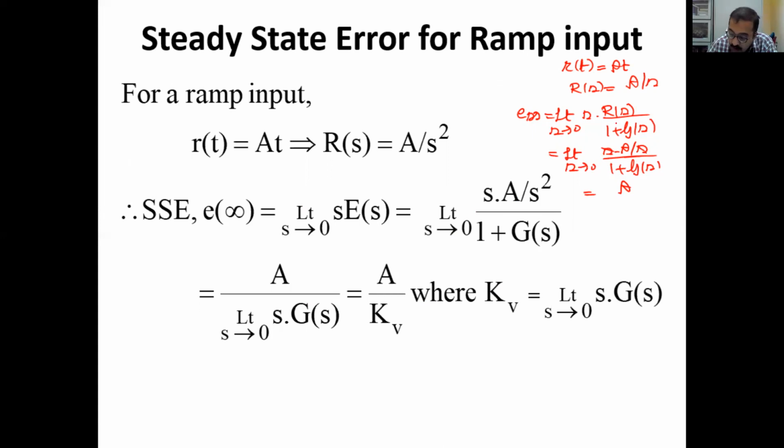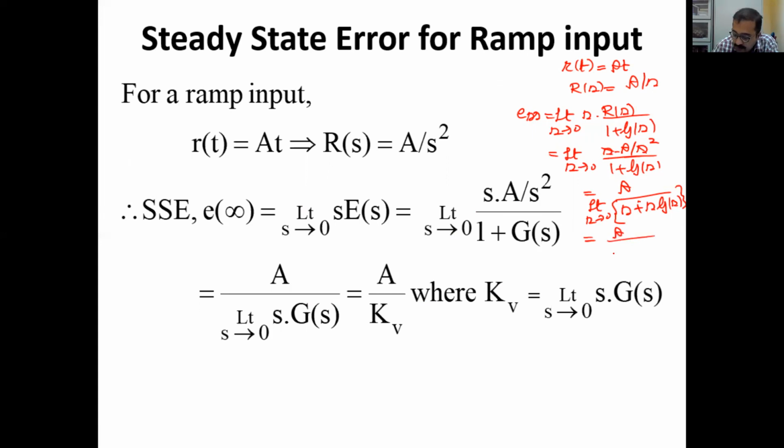R of S is A by S square. So this becomes limit S tends to 0, A divided by S plus S into G of S. Okay, the limit is applicable to the whole denominator. Now what will you get? A divided by, as S tends to 0, the S part becomes 0.